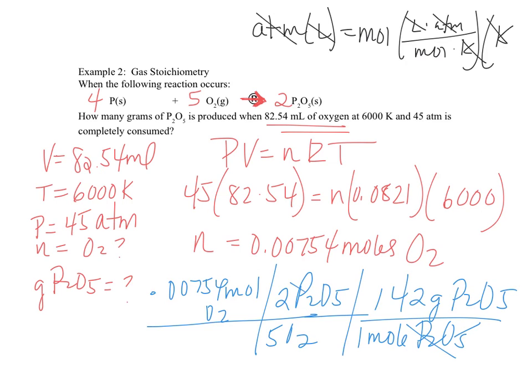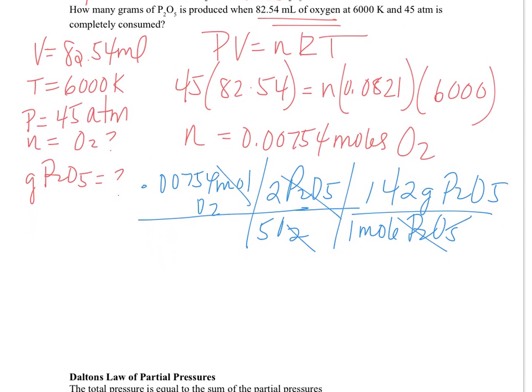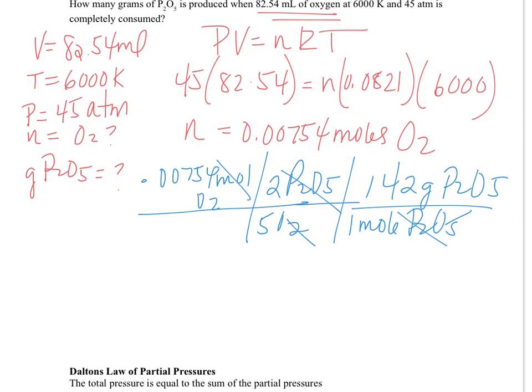So moles cancel, and you're left with 0.428 grams of P2O5. So in this problem we used PV equals nRT first, then did dimensional analysis.